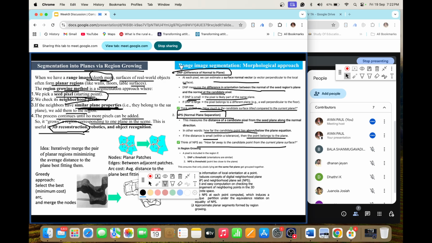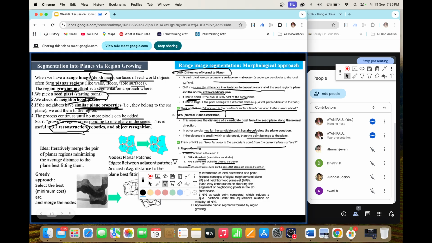We understand that by these two terminologies, DNP and NPS. If DNP is lesser than the threshold, then the orientations are similar. If NPS is lesser than the threshold, the point lies close to the plane. This ensures the same flat plane, and the points get grouped together in the region growing process. So this is the whole concept.